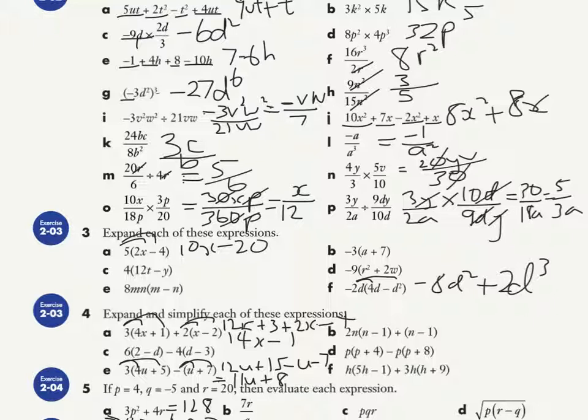B will be 140 over negative 5, which gets us negative 28. C will be 4 times negative 5, which is negative 20 times 20 gets us negative 400. D will be the square root of 4 times (20 minus negative 5), which obviously changes to a plus, which will be 4 times 25, which gets us 100, which gets us the square root of 100.